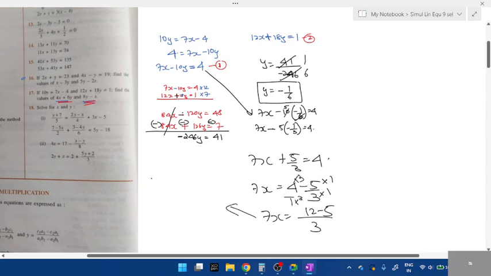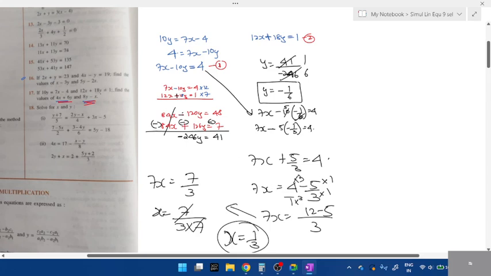Let me solve here. Is this clear till here? 7 by 3. What happens to 7 if it goes to the other side? Divided. It gets cancelled. x is equal to 1 by what?